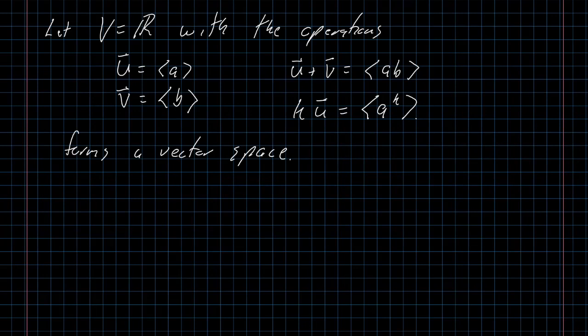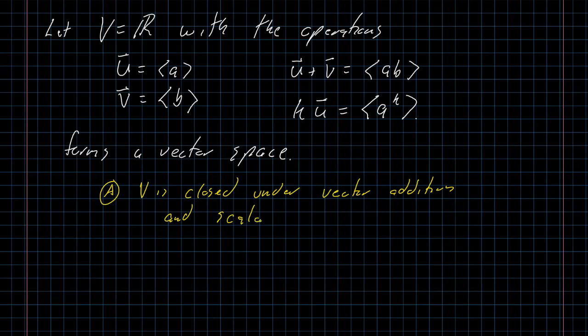In order to prove that, I'd need to go through all 10 of those properties. And for the sake of time, I don't want to, and I don't necessarily want you to either. I would like you to show that V is closed under both vector addition and scalar multiplication.